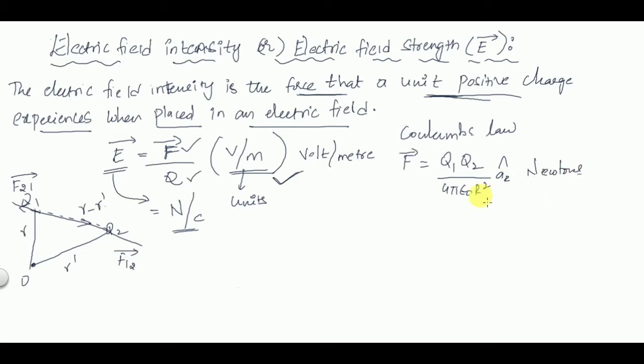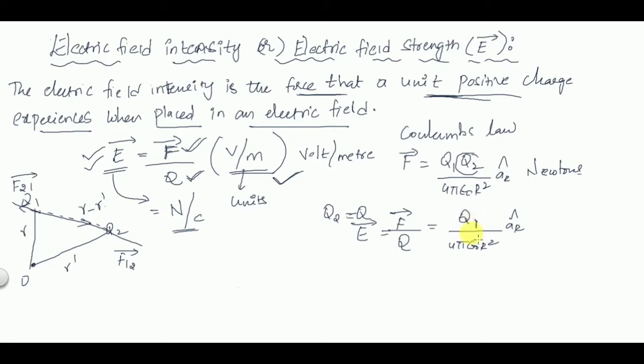This is the force exerted by Coulomb's law, and electric field intensity is again derived from Coulomb's law only, because it is the ratio of force by unit charge. If you take q2 as q, then the force by q, that is force by q2, so sending this q2 to the left hand side, this force by q is called the electric field intensity, and is given by q1 by 4 pi epsilon naught r square into ar cap.